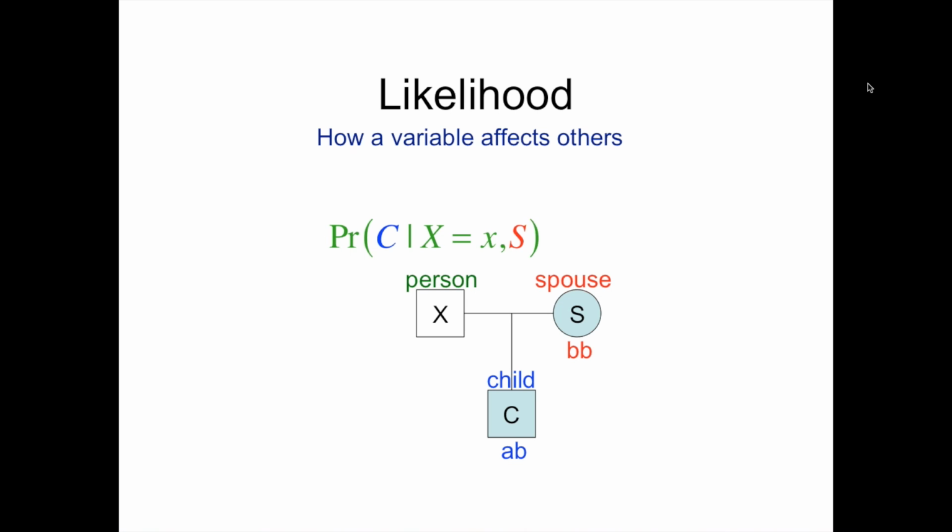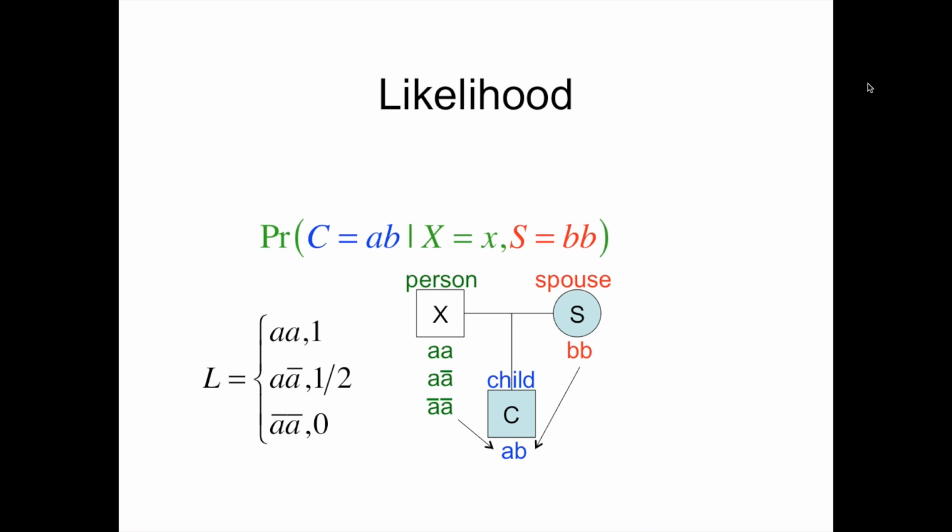And shown in green, we have the probability of the child's genotype conditioned on the person's random variable X, assuming any number of allele pair values, little x, and the spouse, shown in red. That is the likelihood. As we put in different values for X, the father, then we'll get different probabilities of how that father, together with the mother, influences the genotype of the child. And so let's look at an example.